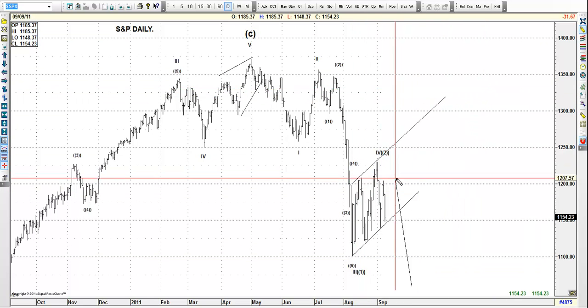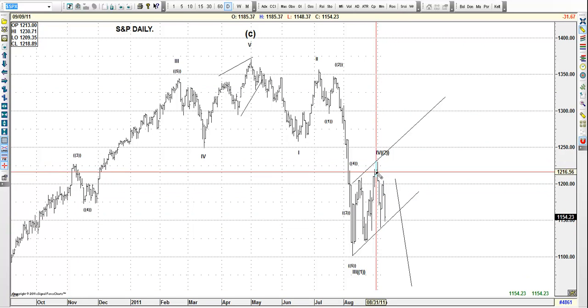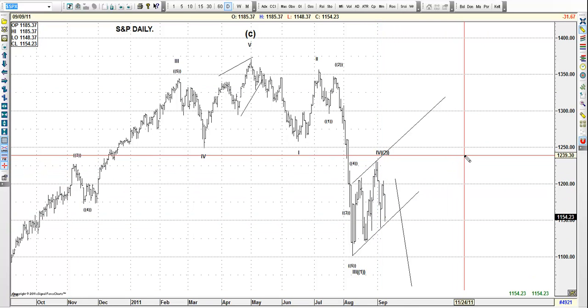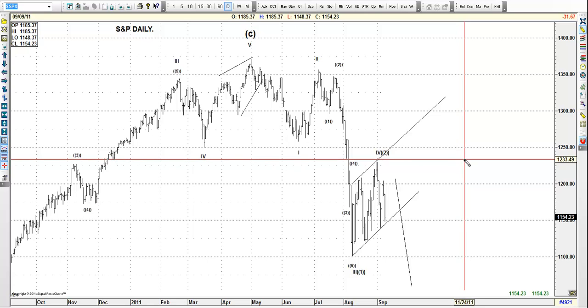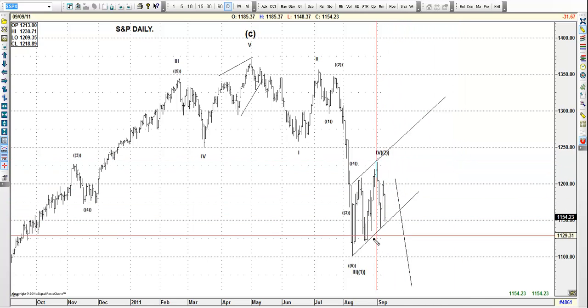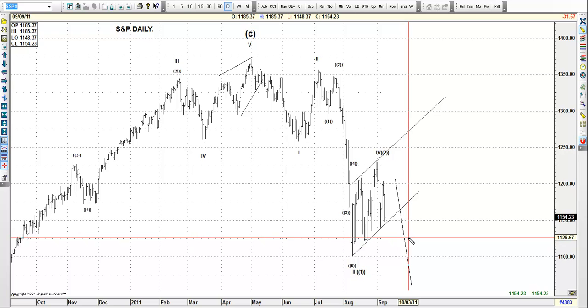Now, I don't trust this drop too much as a 5, even though there are 5 visible waves right there, but I see it more like there is no divergence. That's all I can say. Any move below these trend lines is going to represent Aussie lower, CAD higher, New Zealand lower, oil lower, any move in that group.